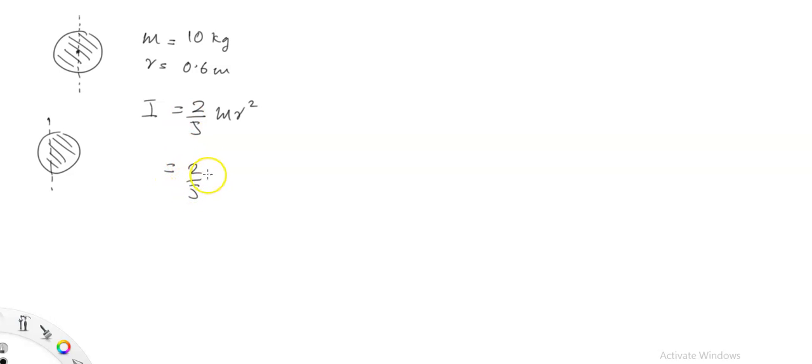So 2 over 5, 10 times 0.6 squared. So need the calculator. 0.6 squared is 0.36, times 10 is 3.6, times 2 is 7.2, 7.2 divided by 5, we get 1.44 kilograms meter squared. Right, so that's the moment of inertia for this object.